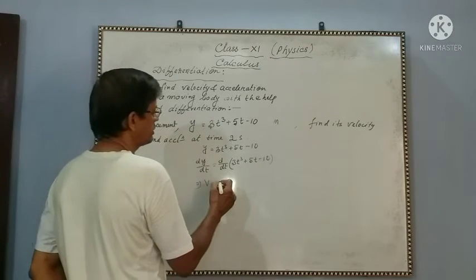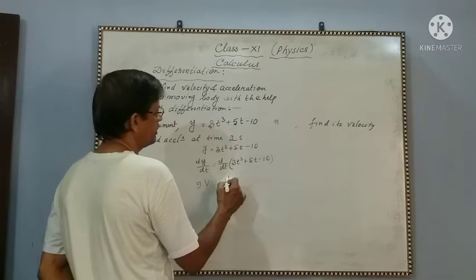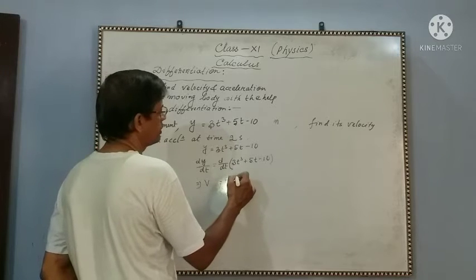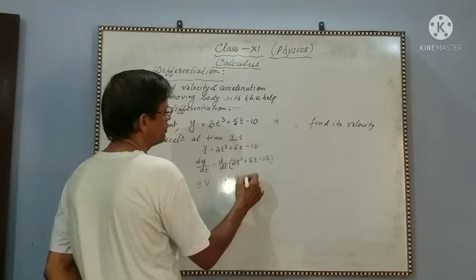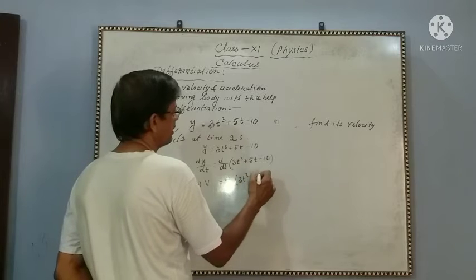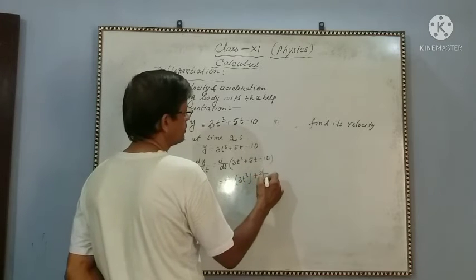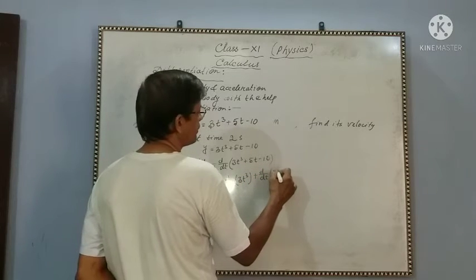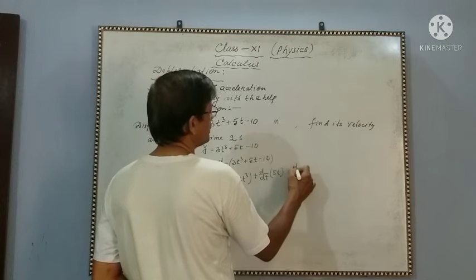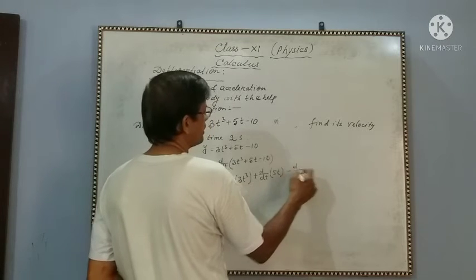Rate of change of displacement is velocity. So instantaneous velocity. So d by dt of, separately you do, 3t to the power 3, d by dt of 5t, minus d by dt of 10, since here it is minus.